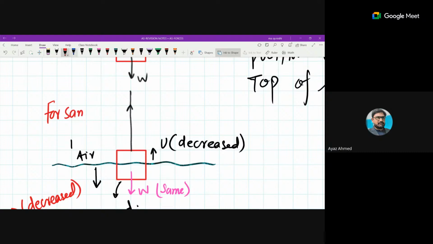First of all, I will ask you whether the tension on the object, the tension on the motor or on the string, will be reduced or not. What about this tension?